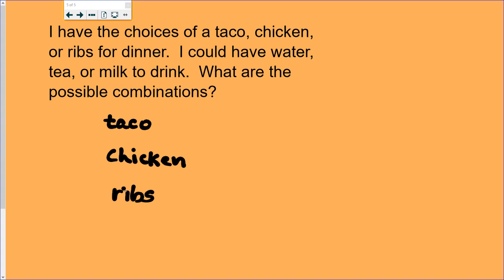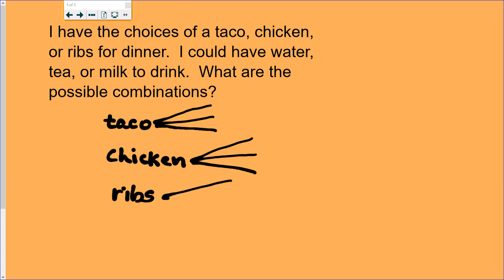Now I have 3 possible drinks also. So I'm going to make 3 lines out for each. This is going to indicate the types of drinks that I could have with each of these items. So for a taco, I'm going to have a W stand for water, the T stand for tea, and the M stand for milk.